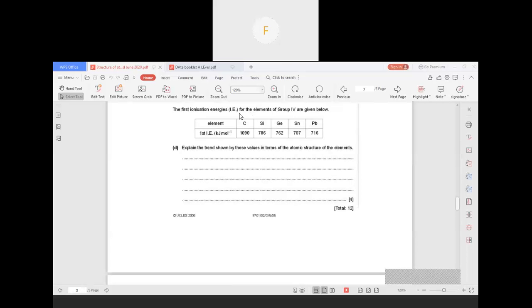With this increase in the radius, there will be more shielding effect, and so the nuclear charge decreases. Then it will be easier to extract the electrons. That's why it only requires a lower amount of ionization energy. Yes, correct.